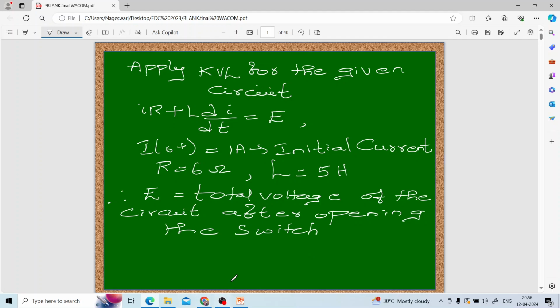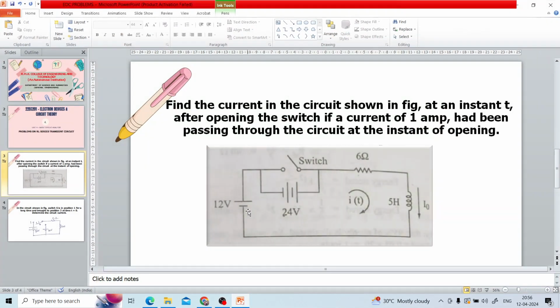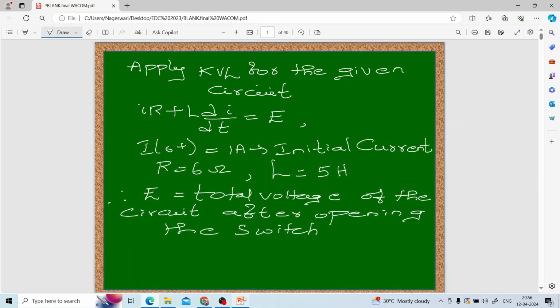After opening the switch, the current flows between 12 volt, 24 volt, 6 ohms and 5 Henry. So the total voltage is 12 volt plus 24 volt. E is equal to 12 plus 24, which is equal to 36 volt. So this is the E.